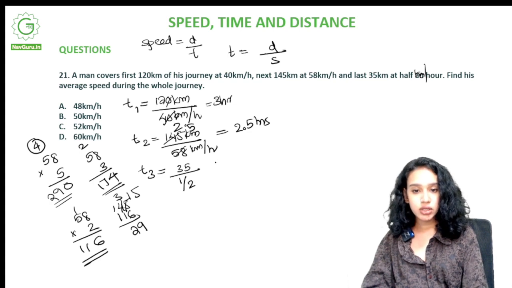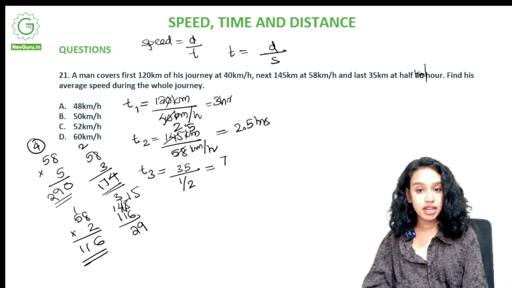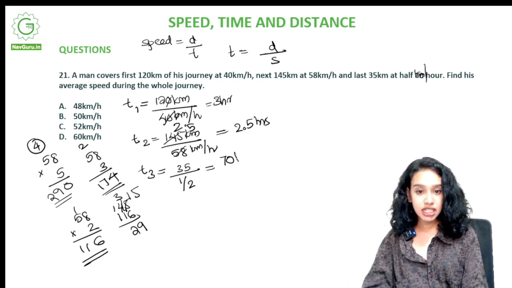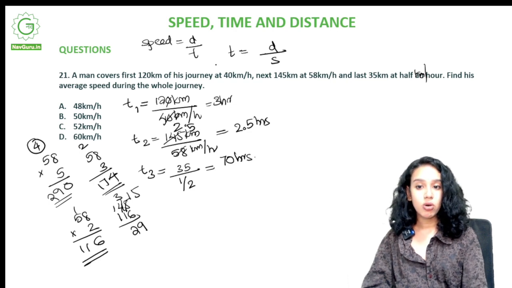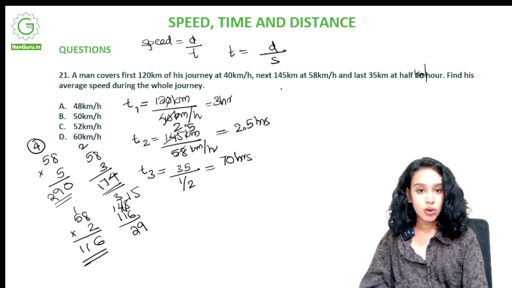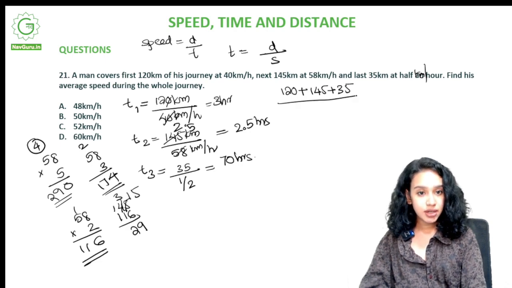So it is 1 by 2 here, which is equal to 35 into half an hour means 1 by 2 hour, right? So what does it become? 35 into 2, that is 70 hours, right? Now, what is the average of this? We have total distance covered, which is 120 plus 145 plus 35 divided by the total time taken, which is 3 plus 2.5 plus 70, right?